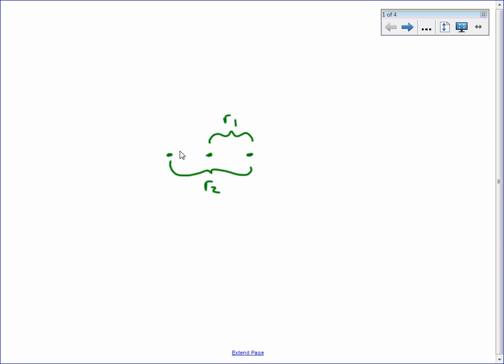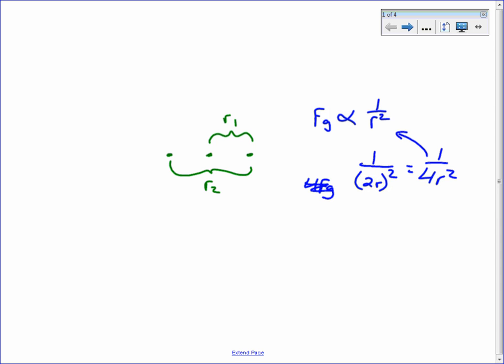Gravity follows what we call the inverse square law, which means force of gravity varies with 1 over r squared, which means if you double the distance, then you get 1 over 2r squared, which is equal to 1 over 4r squared, which is 1/4 of that value up there. So you get Fg over 4 for your new force of gravity if you double the distance. So gravity is inversely related to the square of the distance between the two objects.